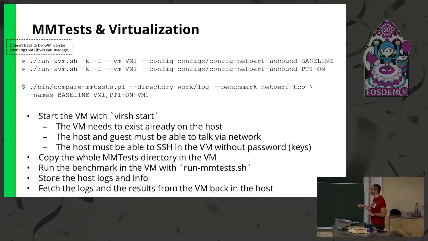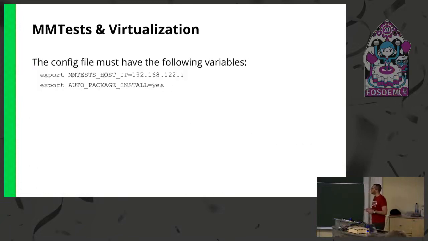So what it does is start the virtual machines, it copies MMTest inside the virtual machine, runs the benchmark inside the virtual machine, then stores some logs both about the host and the guest, from inside the guest, and then it fetches back the result from inside the guest back on the host, and then you run the comparison tools. And besides adding the virtual machine name as a parameter, all you need is to add this additional variable in the config file, which is basically the IP address of the host.